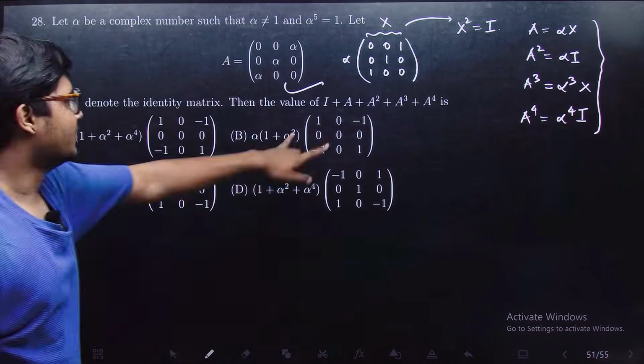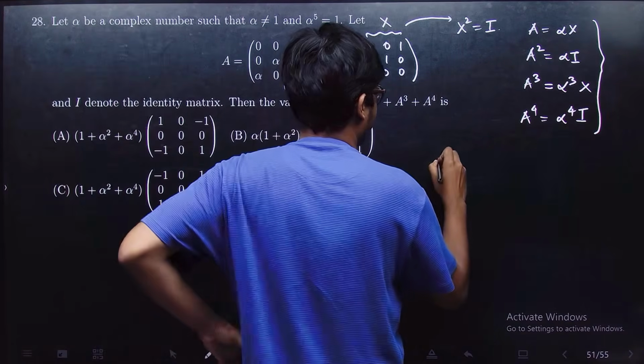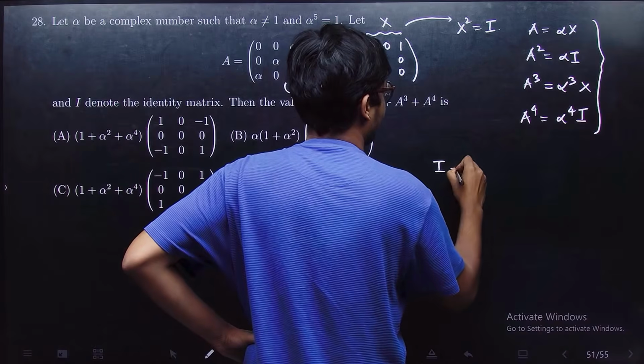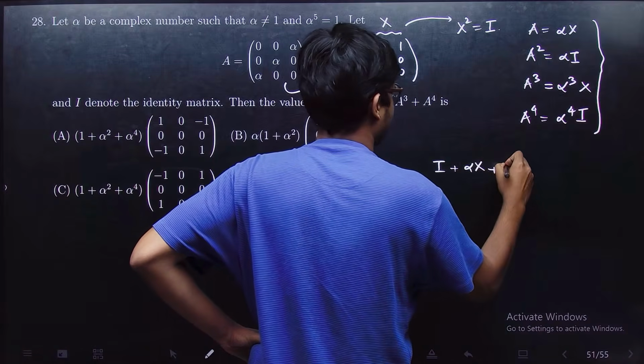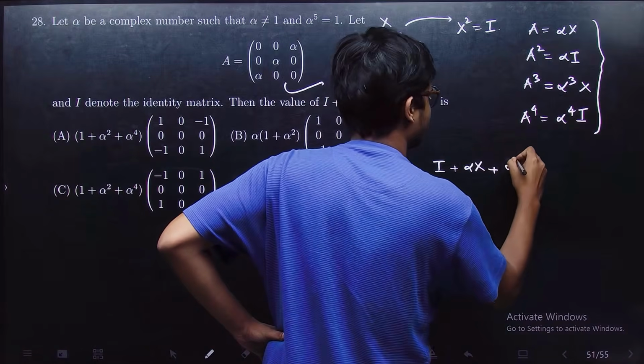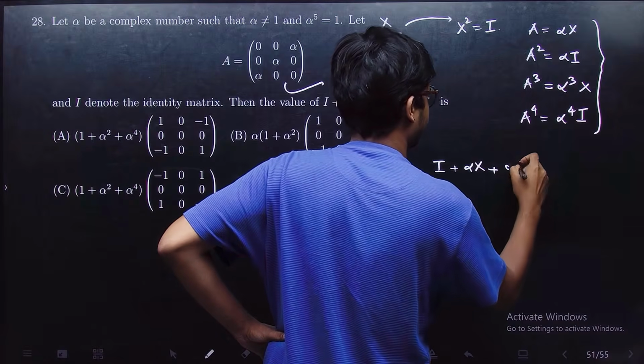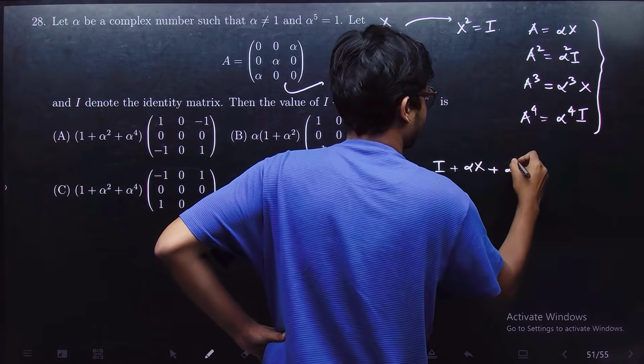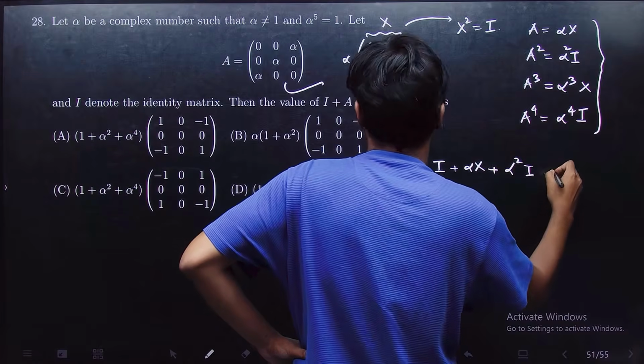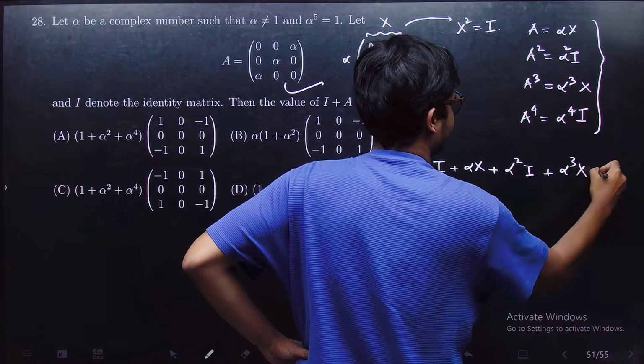Now, if I look at this sum, I plus A plus A square and so on, I'll get I plus alpha x plus alpha square identity plus alpha cube x plus alpha power 4 identity.